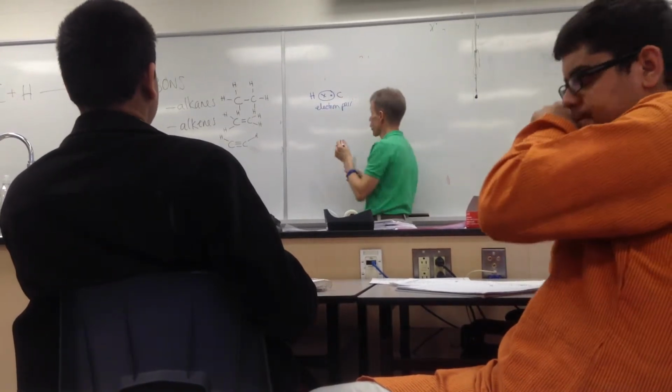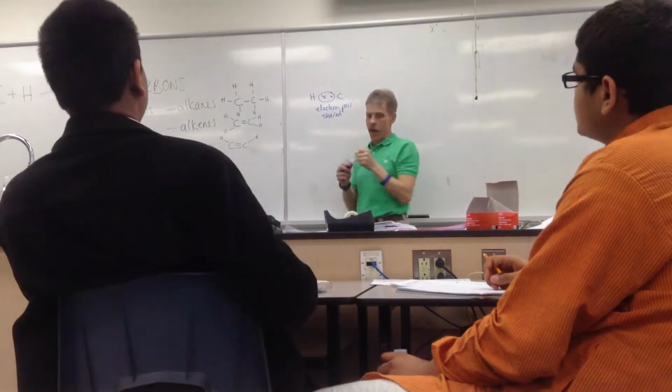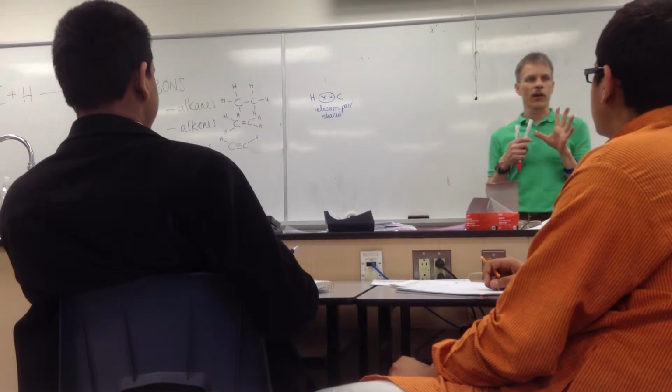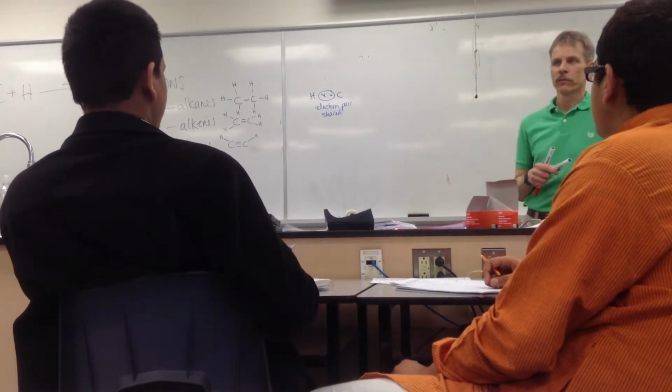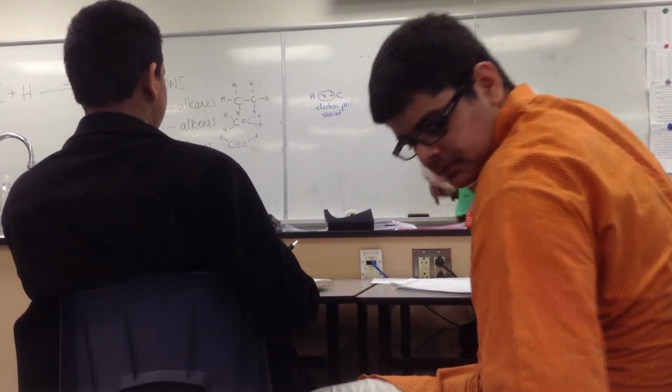So it's shared, all right? And we're going to go one step further in that we're probably going to stop writing H from now on, because it's taken for granted.